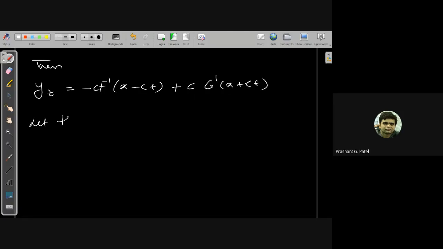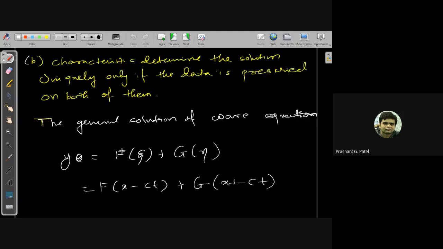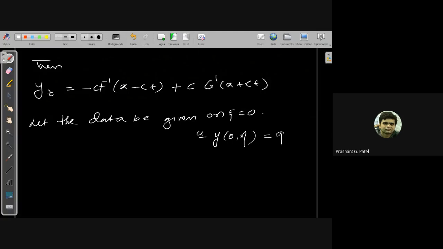Let the data be given on xi equal to 0. Xi equal to 0 means one of the characteristics is 0. That is given. That means y of 0, eta: if I substitute xi and eta, where xi is 0, we have given it as small g of eta.